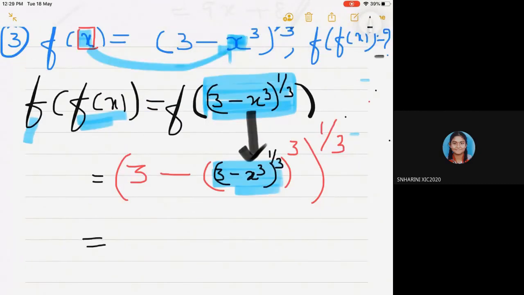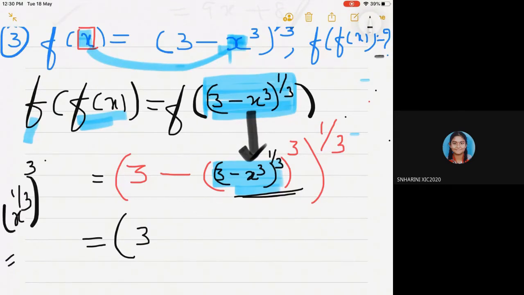So what will be the simplification? Here we will do the simplification. This expression 3 minus x cube raised to 1 by 3, whole raised to 3. So that becomes x raised to 1 by 3 raised to 3. When you apply the laws of indices, it becomes x raised to 1 by 3 into 3, and that becomes x. So here one expression raised to 1 by 3 raised to 3 becomes 3 minus x cube only.